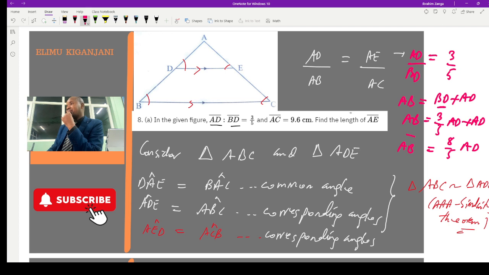So with these details, dear students, AB to AD is going to be 8/5. Then AD to AB is 5 over 8, as you can see from the way we described the triangle.